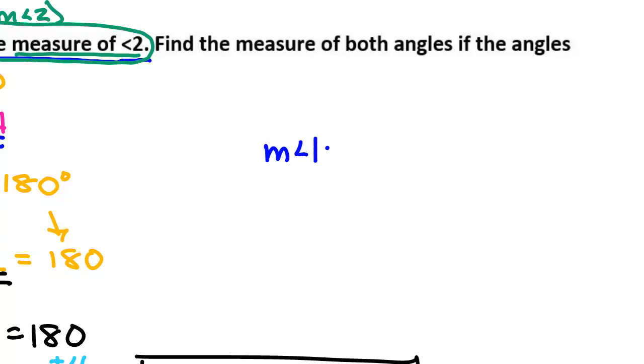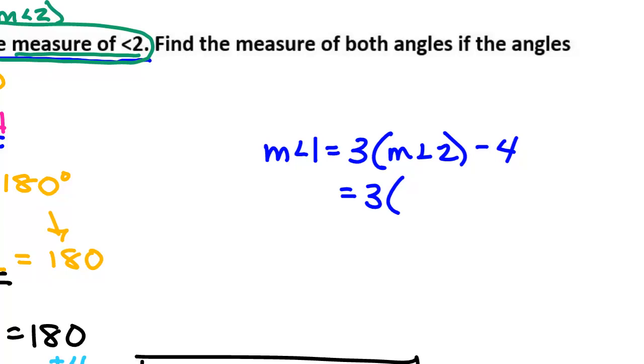Measure of angle 1 equals 3 times the measure of angle 2 minus 4. So now I know that the measure of angle 2 is 46 degrees. What's 3 times 46? 138 minus 4.